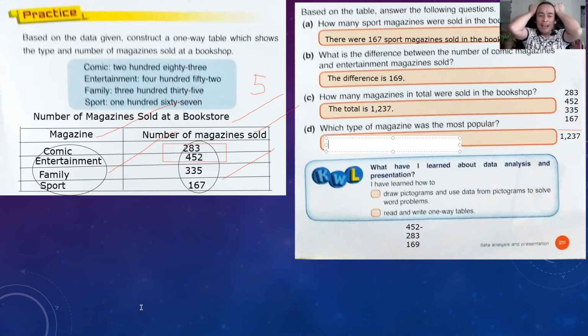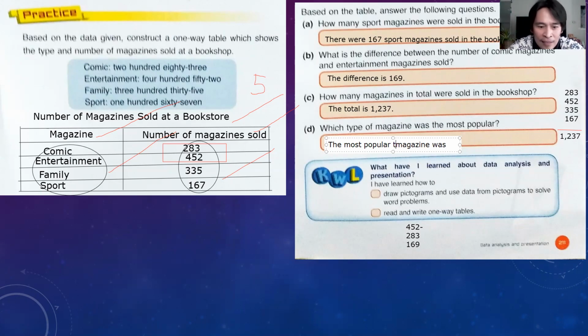Okay, letter D. Which type of magazine was the most popular? Entertainment magazine was the most popular. Or the most popular magazine was the most popular type of magazine.